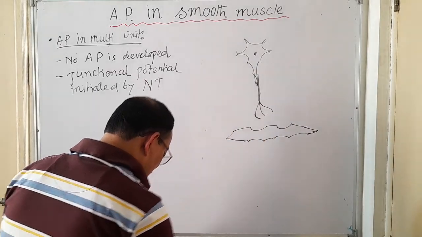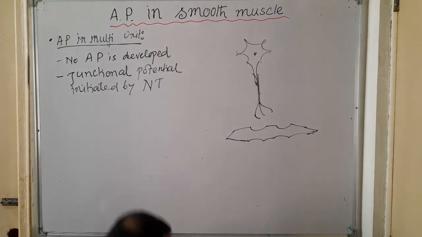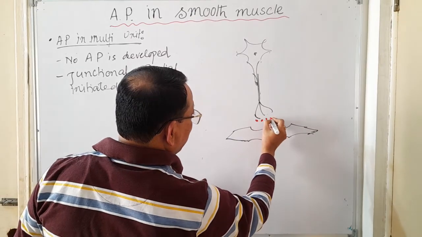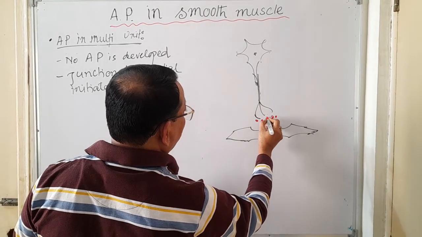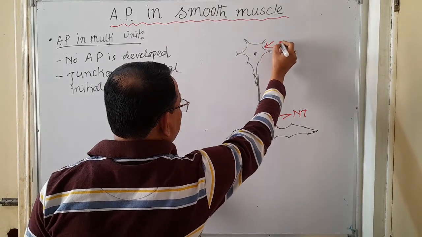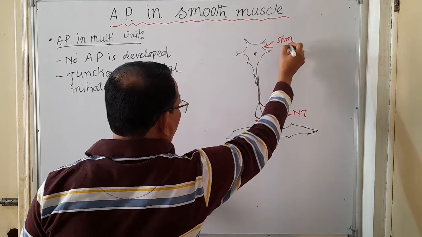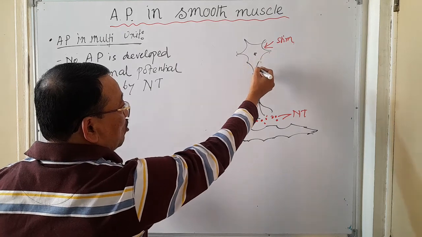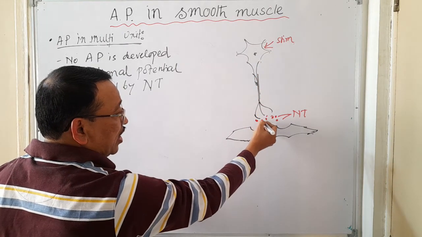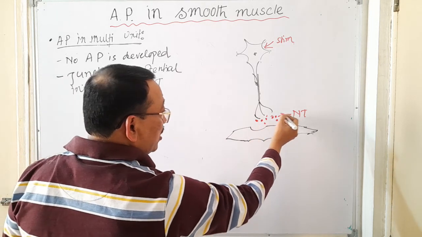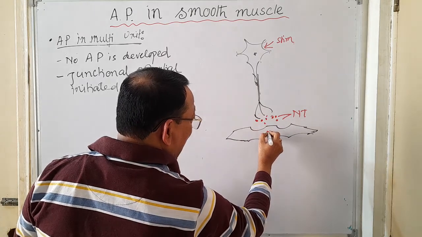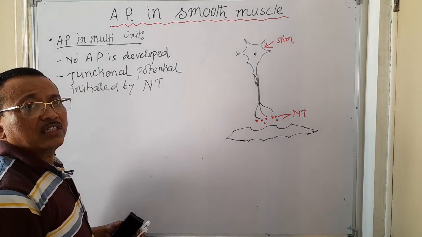So at the axon terminal of the multi-unit smooth muscle, there is a release of the neurotransmitter. So these are the neurotransmitters. Once this one is stimulated, an action potential will be developed there, and that action potential will pass to the synaptic terminal. That will cause the release of neurotransmitter at the junction between the neurons and the smooth muscle.